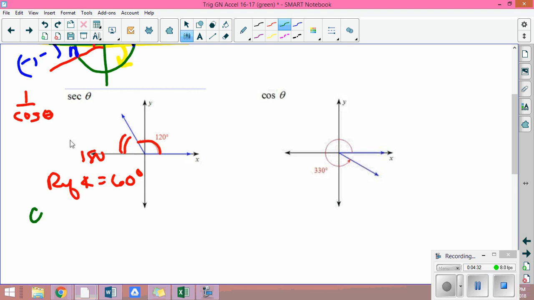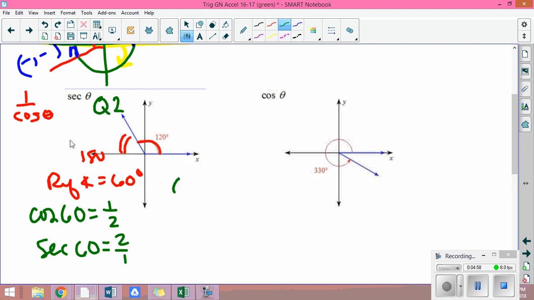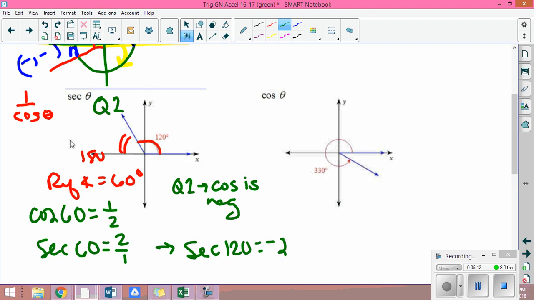If I think about what is the cosine of 60, the cosine of 60 is 1/2. So the secant of 60 is 2/1. It's just a reciprocal. Then I have to think about my signs. In quadrant 2, cosine is negative. And so that means that secant is negative, and so the secant of 120 is negative 2.